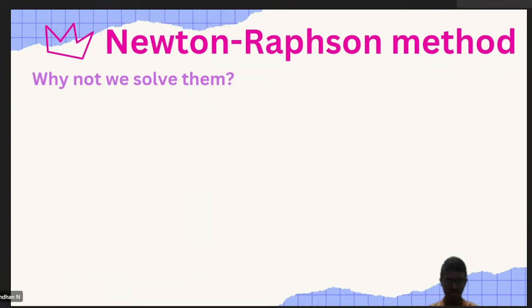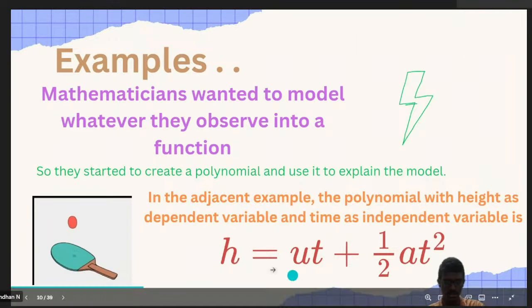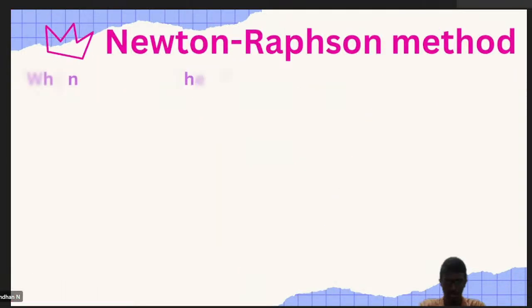Solving is nothing but setting the dependent variable equal to 0, or some constant, and you end up with an equation. We need to solve it because getting a polynomial is simple, but the most important thing is to find some critical values, in the sense of extracting some useful info from it, right?